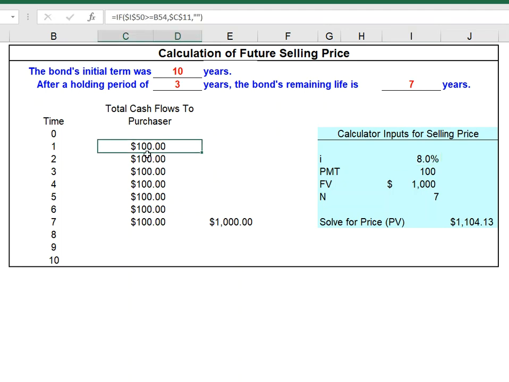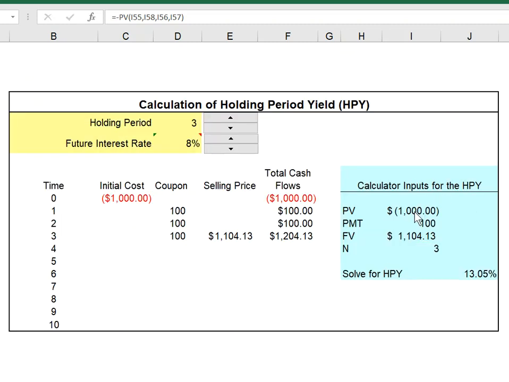Again, our bond now has 7 years left, $100 per year. We're going to get $1,000 when it matures. Since interest rates have gone down, this looks like a great bond, and the purchasers will be willing to pay $1,104 for our bond. Let's look and see how that impacts our holding period yield. Again, we purchased the bond initially for $1,000.